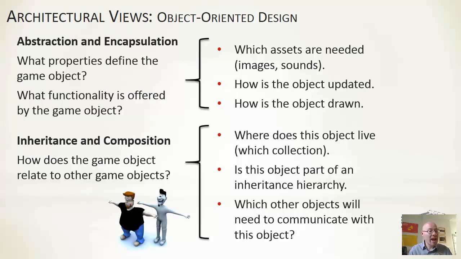Is it within an inheritance hierarchy? Do I have a wider range of things that can be picked up, and this is just one refined type of it? And what other objects does it need to communicate with? So maybe it needs to communicate with the player or with anything else. So there are some of the fundamental questions that enable us to start that process of refining the objects that we have within our game.